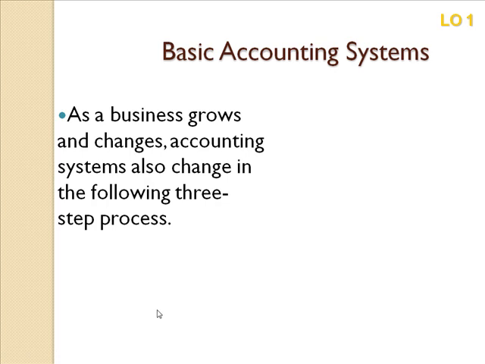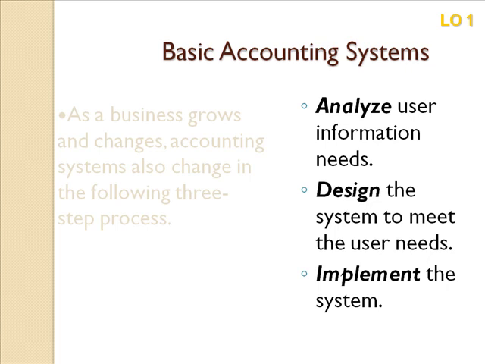As a business grows and changes, accounting systems also change in the following 3-step process. We analyze user information needs. What does the user of the accounting software need? We design the system to meet their needs. We implement the system. In the past with my clients, I have gone in and seen how their companies operate, and seen the needs that they have.